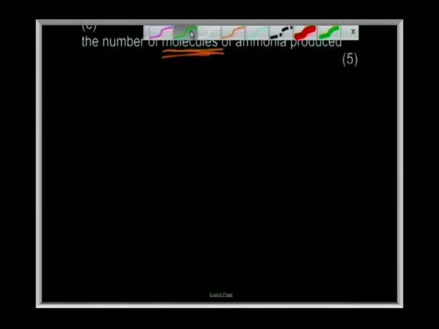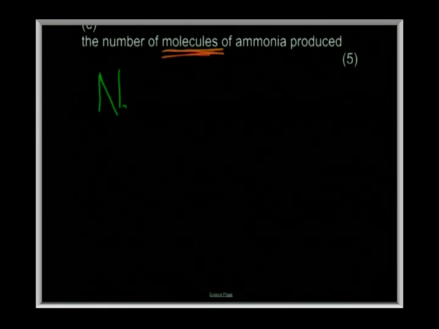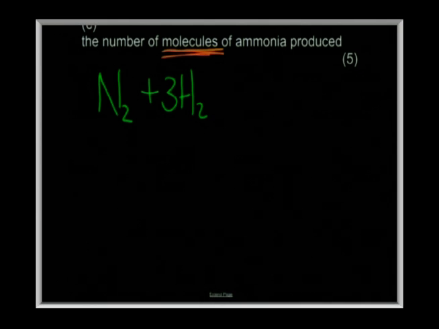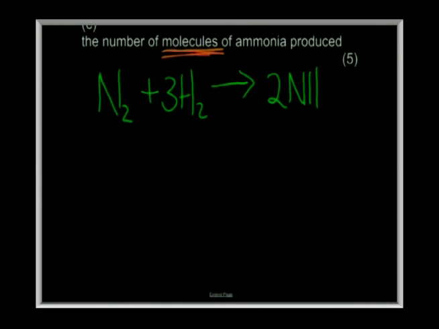So this is N2 plus 3H2 giving me 2NH3. So I'm not going to worry about the nitrogen because that's not the limiting reagent. I'm going to say the ratio is 3 to 2.